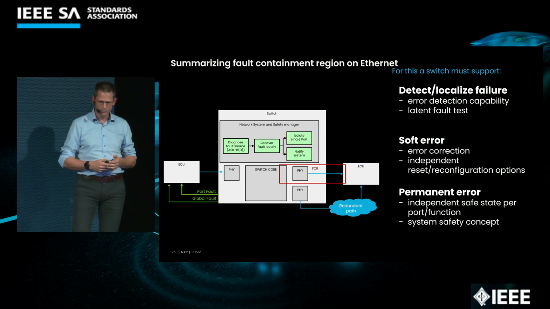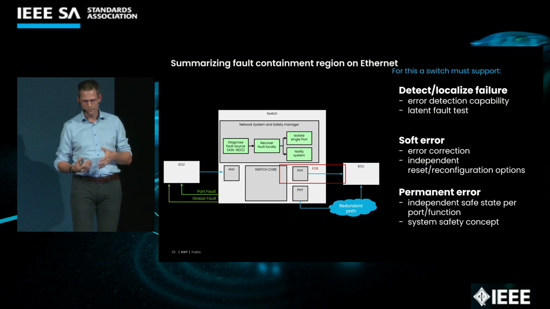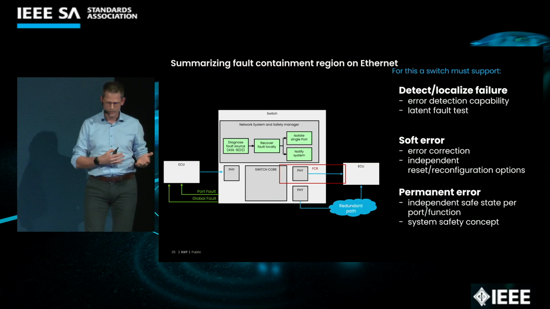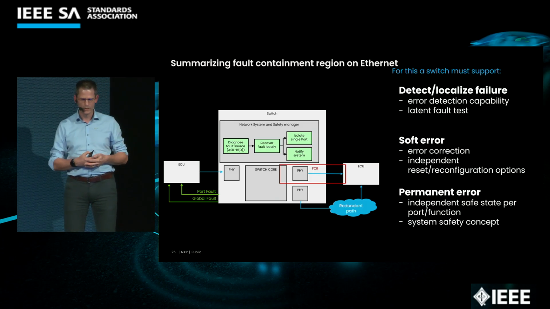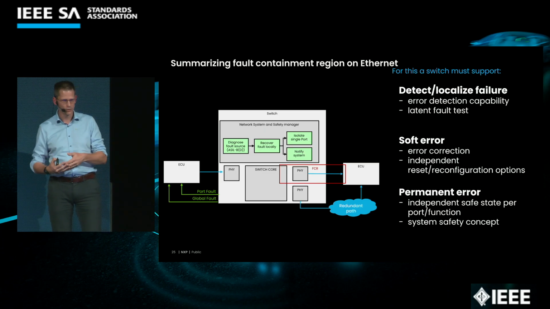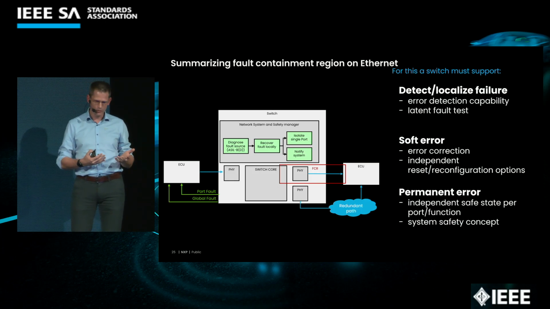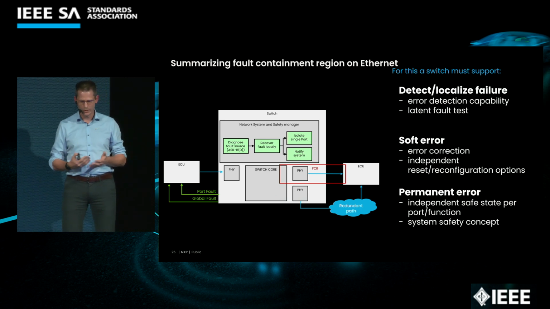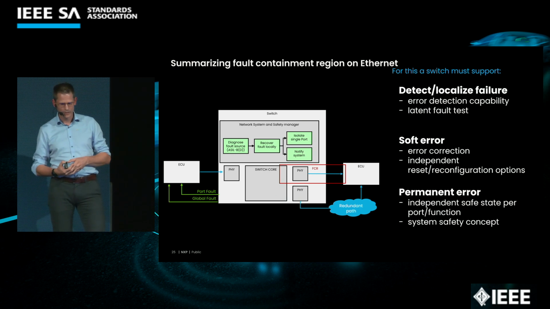If you now look at what this means for an Ethernet switch device, what it needs to do. First of all, it needs to have the detection capability, but those detection capabilities also need to cover latent faults, because you need to make sure that your detection of the fault really works. And therefore you need to have fault detection methods. Then on the soft errors, ideally you have error correction where possible, like ECC for memories. But you also need to have the independent possibility of certain sub-functions, sub-blocks to be reset or reconfigured individually.